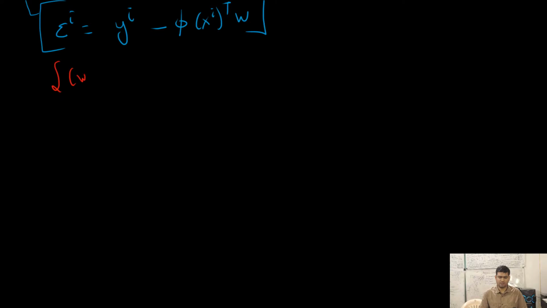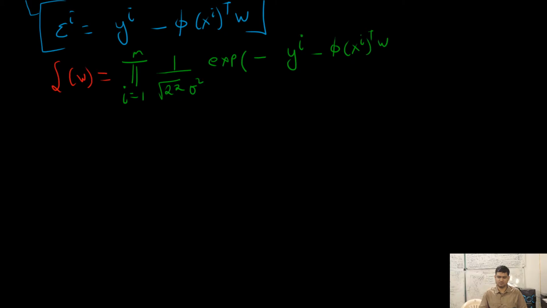So we get the likelihood of the parameter is equal to the multiplication of the individual probabilities, 1 over square root of 2 pi sigma square times exp of negative of yi minus phi of xi transpose times w whole square divided by twice sigma square.